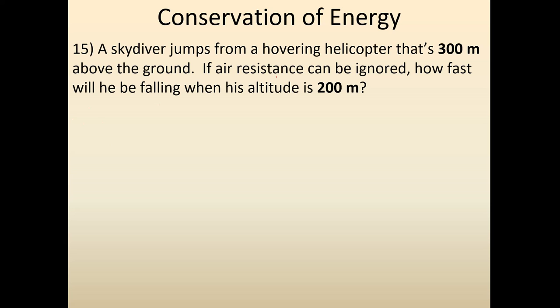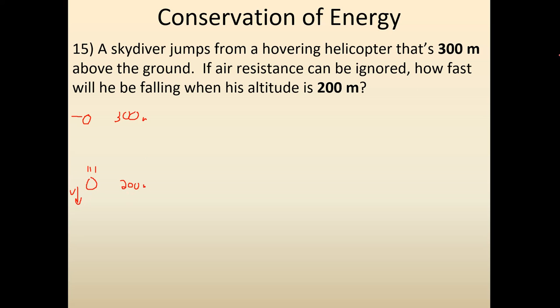All right, now here's one of the nice things about energy. We have a situation where the skydiver is falling out of a helicopter that's at some initial height of 300 meters. Then it falls to 200 meters. And we want to know what is the speed that it reaches.